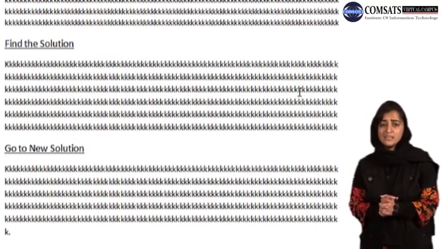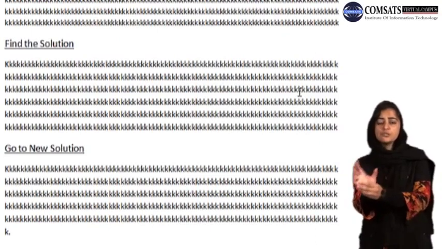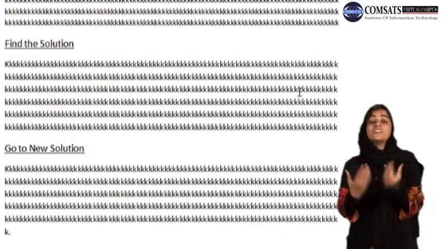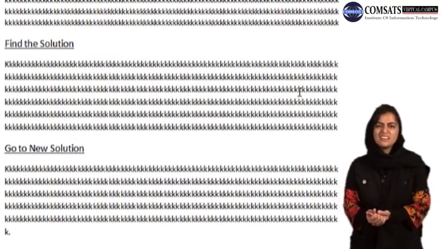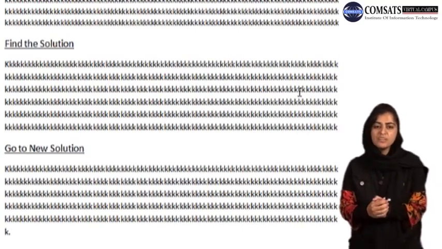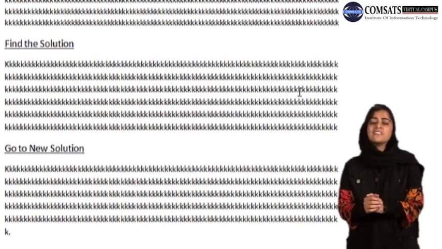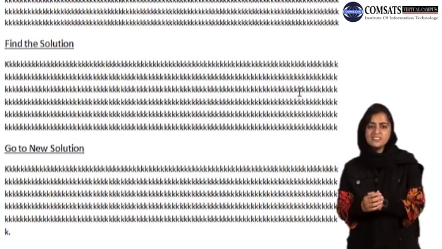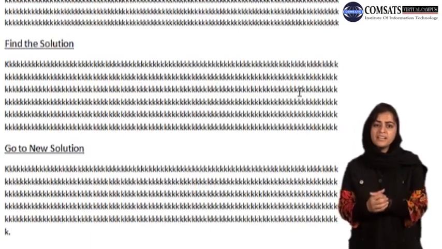So let us see what type this third degree is using. Find the solution. The word find is a verb requesting you something, giving you some instruction, or ordering you to do something. Find the solution, beginning with a verb in the form of a request. So this heading is the imperative type of heading. Degree is the third degree and the type is the imperative type of heading.